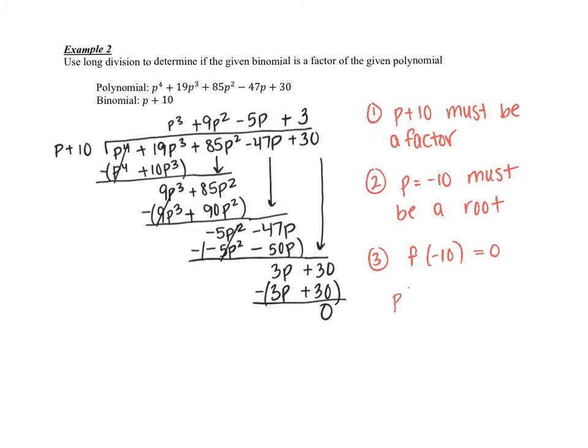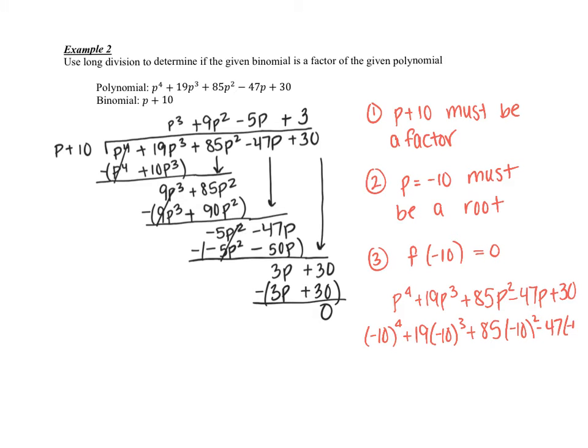So we have p to the fourth plus 19p to the third plus 85p squared minus 47p plus 30 and negative 10 to the fourth plus 19 times negative 10 to the third plus 85 times negative 10 squared minus 47 times negative 10 and then plus 30.